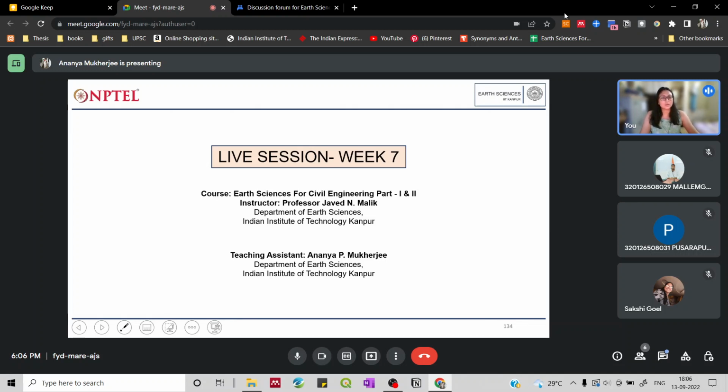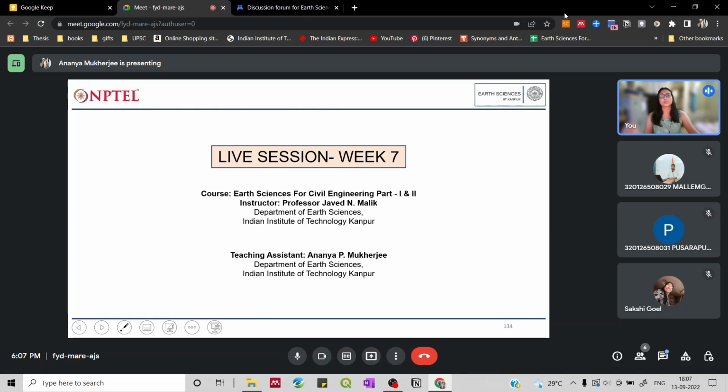So till now we have talked about the rocks, minerals, different geological structures. We got a brief overview about all the natural hazards that are necessary for us to know about in terms of civil engineering. And we also learned about earthquakes and how we can mitigate that hazard, how we can minimize the risk.